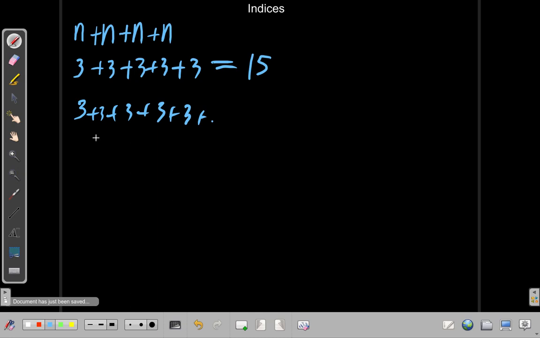What you need to do is write it to show the 3, and then to show that there are 50 of them and they were added to each other. The way to do it is to say 3 and you have the 50 and there's a symbol between them. It is this symbol. It's a multiplication symbol. So you say it is 3 multiplied by 50.